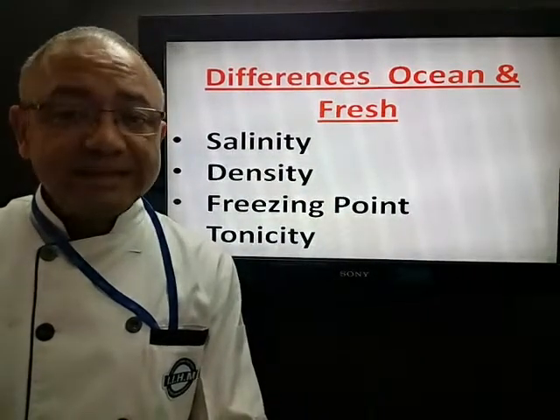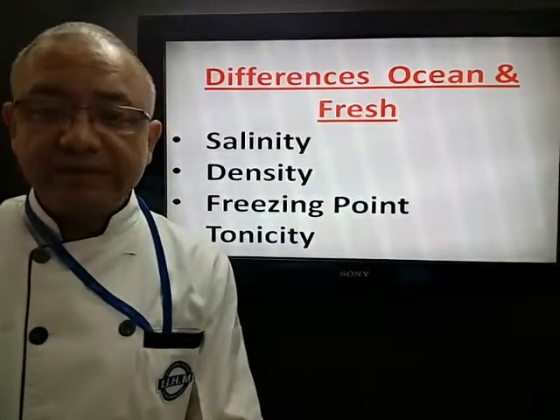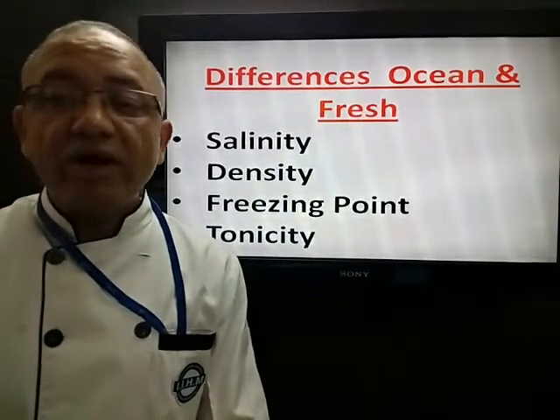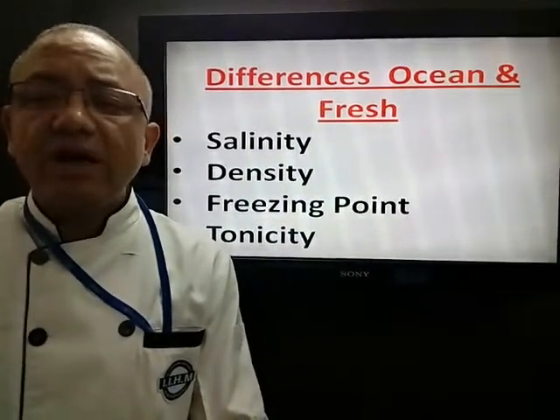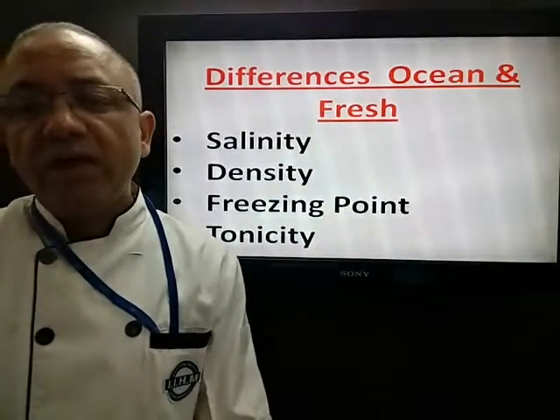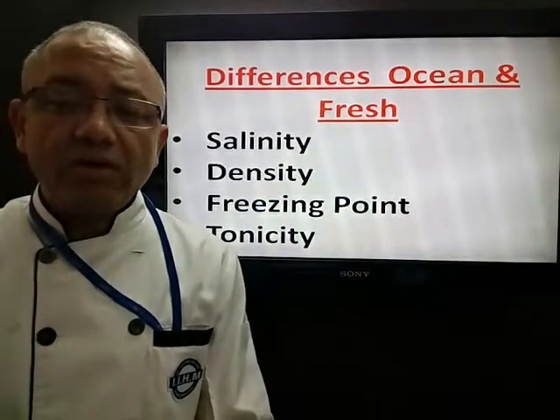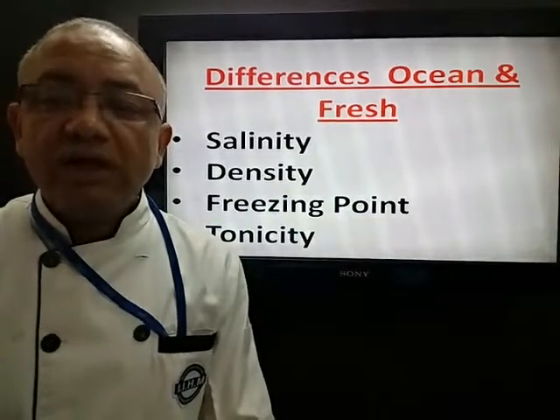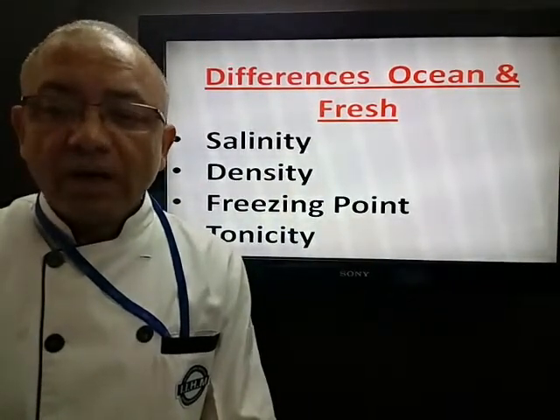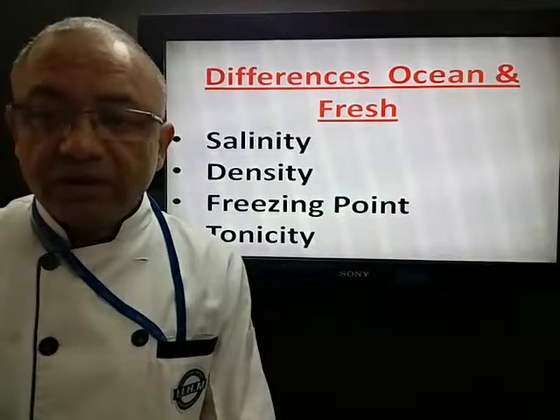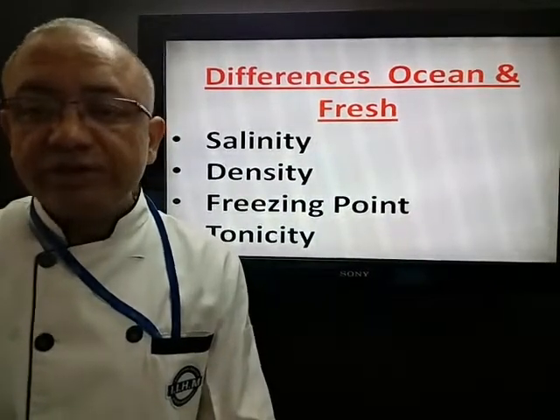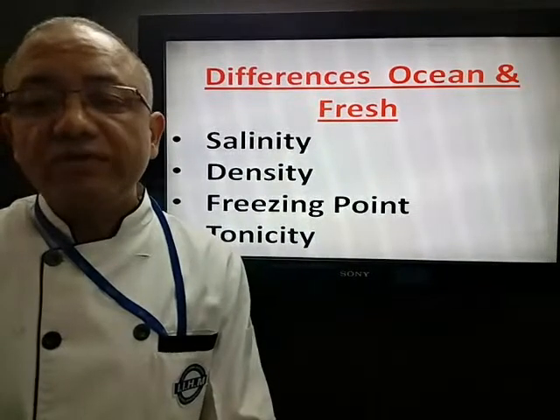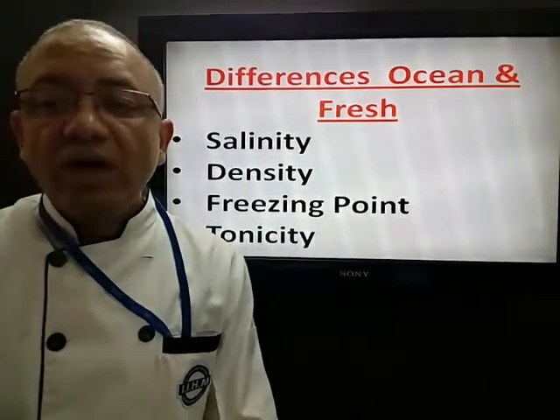So this is how the differentiation comes basically, and this poses a challenge. It creates an environment of challenge for the organisms which are thriving in the salt water. And it is a well-known fact that the salt in the ocean comes from the salt leaching out of the ocean floor, because of the metamorphism and all the changes.